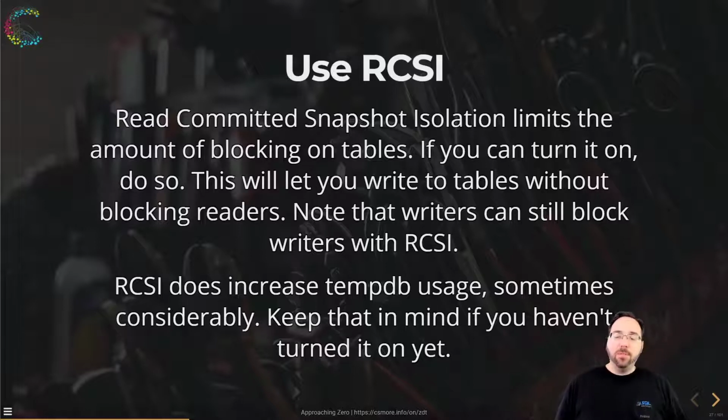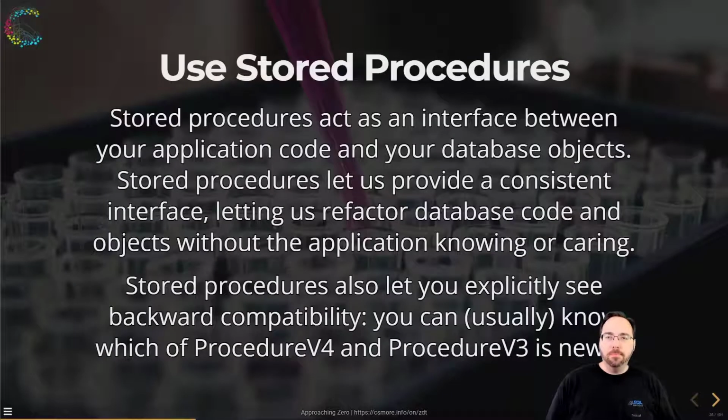So by having read committed snapshot isolation on, I generally reduce that risk. Now, there are downsides to read committed snapshot isolation, and I would make sure that you understand what those downsides are before you turn it on. Supposing that you can, I'd recommend it. It's usually a good default.